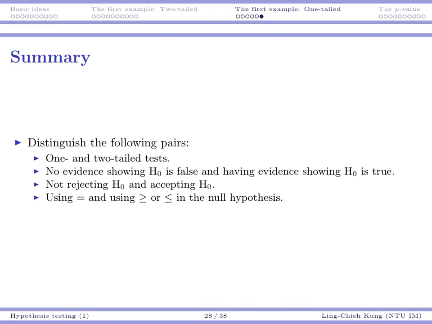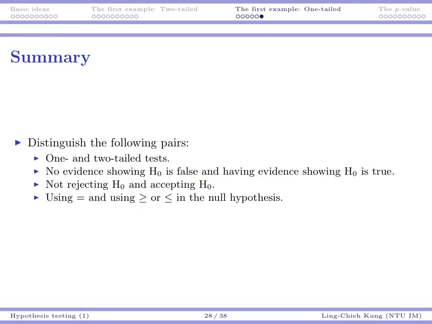Okay, summary. We need to be able to distinguish the following. One-tailed and two-tailed tests are different. Having no evidence showing that H0 is false, and having evidence showing that H0 is true, are different. Not rejecting H0 and accepting H0 are different.